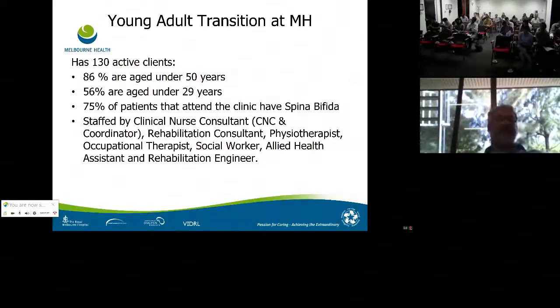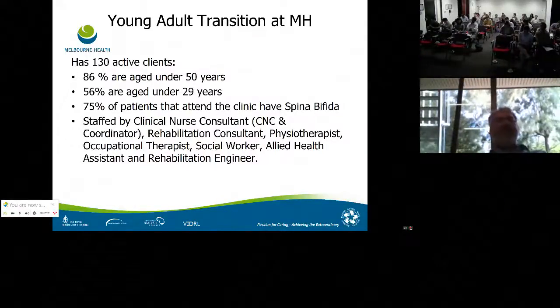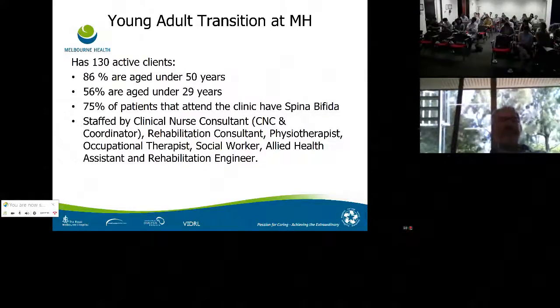At that stage, there was a clinical nurse consultant who acted as coordinator, who had experience in both urological and bladder issues as well as skin issues. There were a number of rehab consultants working on a regular basis with the group of patients.